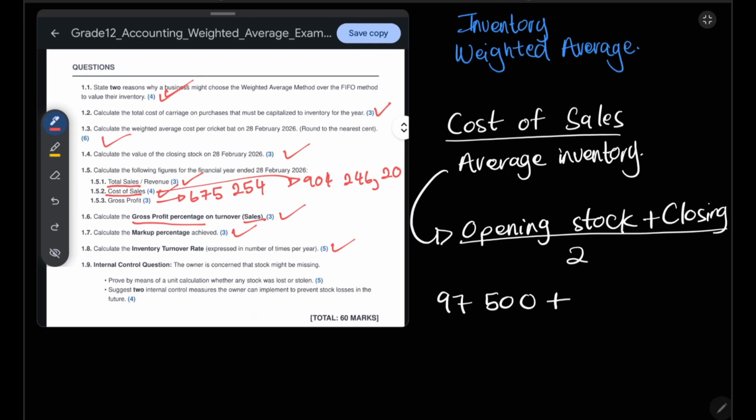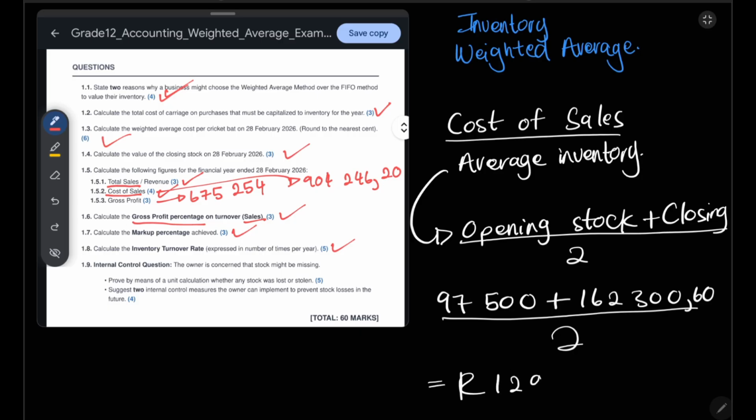Plus your closing stock that you calculated at 1.4, and it was 162,360 cents, over 2. And when you punch that in a calculator, you should get an answer of 129,930 cents. This 129,930 cents is your average inventory.